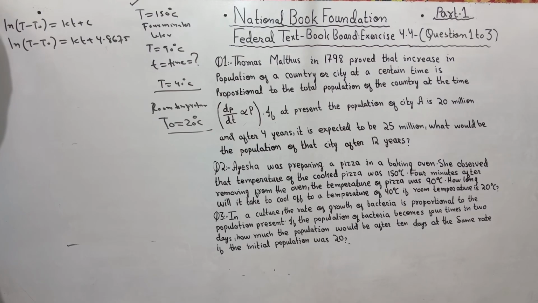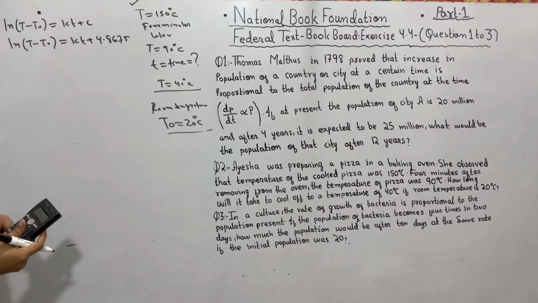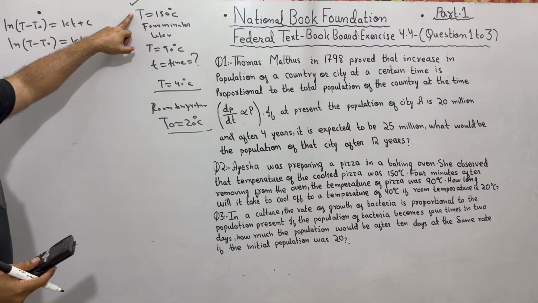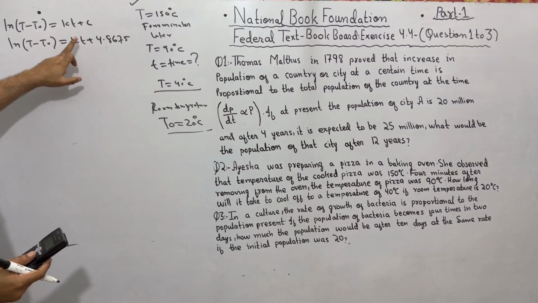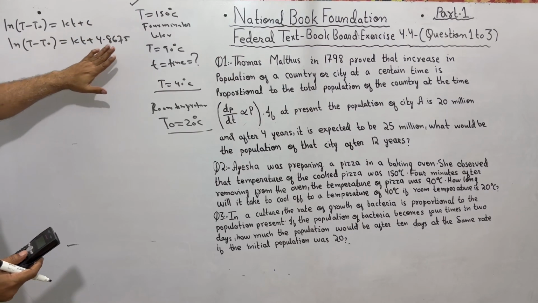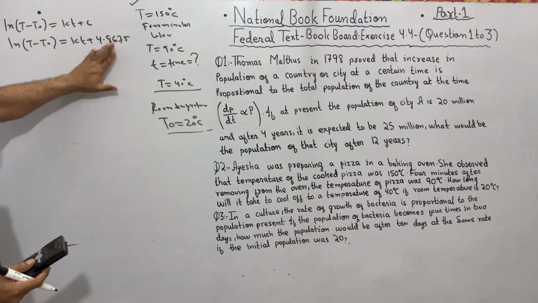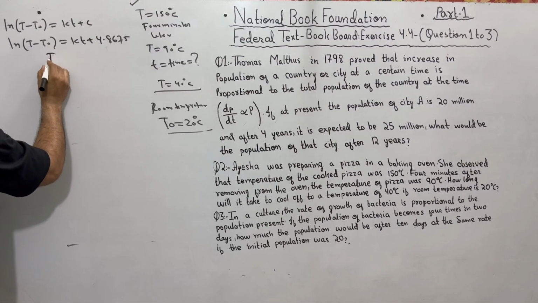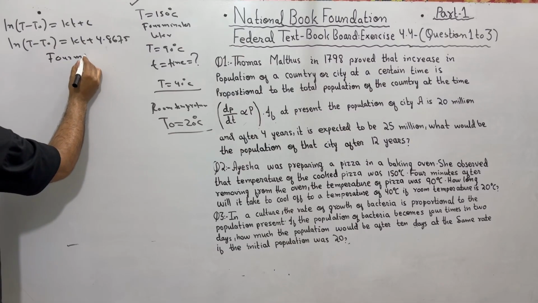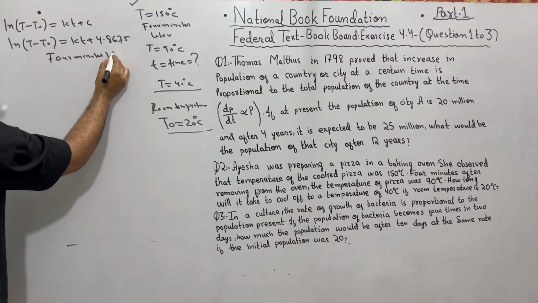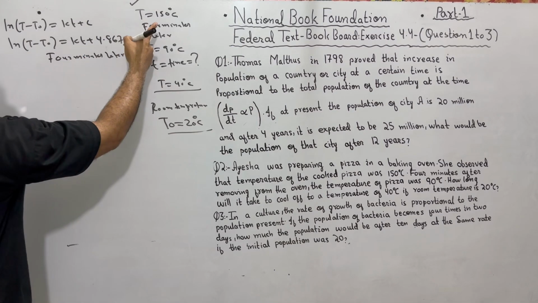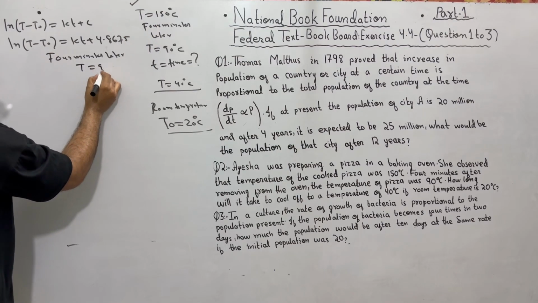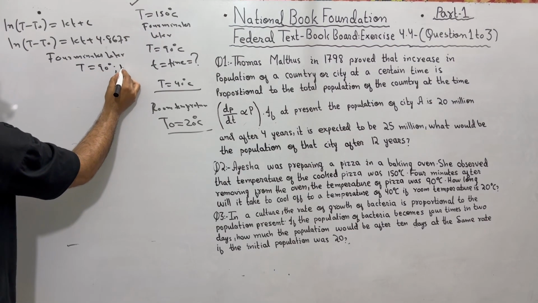Initially the temperature of the pizza is 150 and our time is 0, so I have just manipulated the value of C. Now we arrive at a situation 4 minutes later. After 4 minutes, the temperature is 90 degrees centigrade and t is 4.